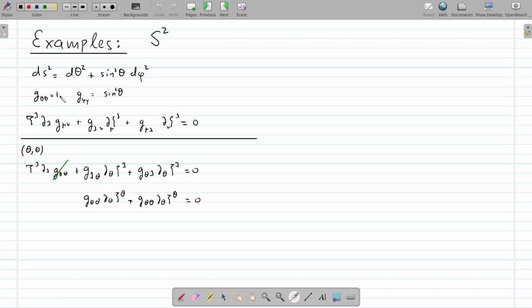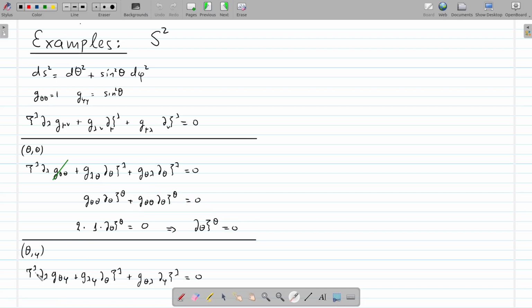Furthermore, g theta theta is 1, it's constant, so this term does not contribute to the equation, and all we are left with is g theta theta d theta xi theta. So this is the first equation that we obtain for the Killing vector field.